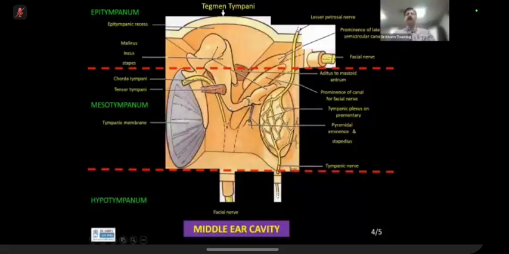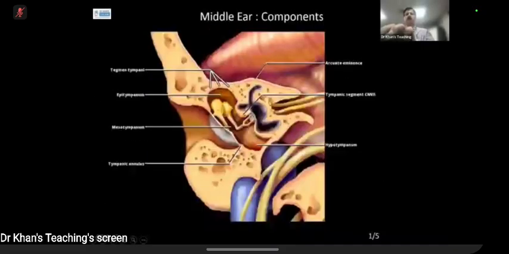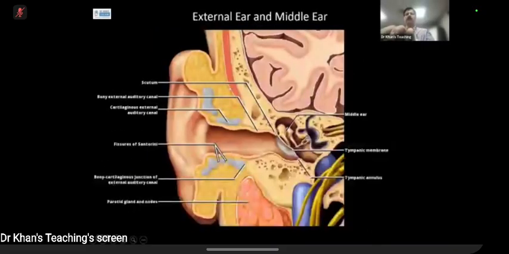Just remember that anteriorly, the structure which you should remember is the carotid canal. So the carotid canal is anteriorly. Now inferiorly will be the jugular foramen. Superiorly is the tegmen tympani, and then the brain. Inferiorly, jugular foramen.